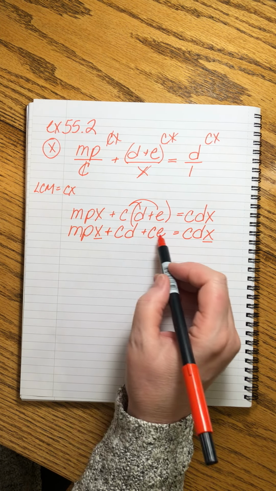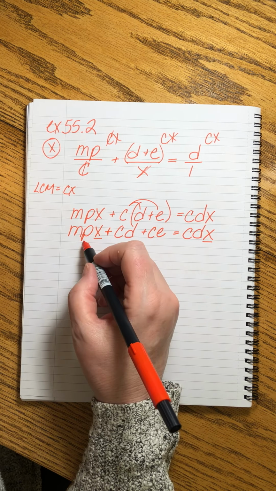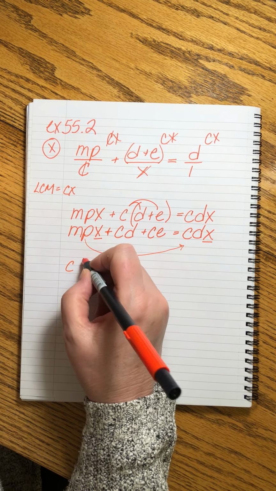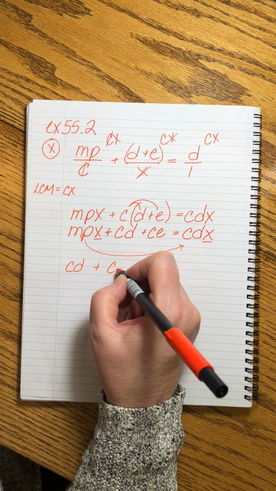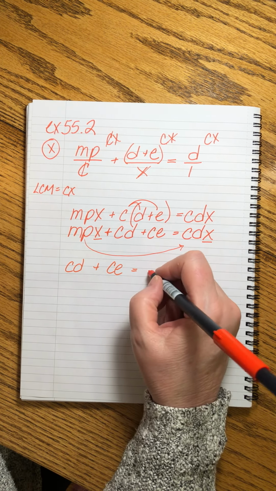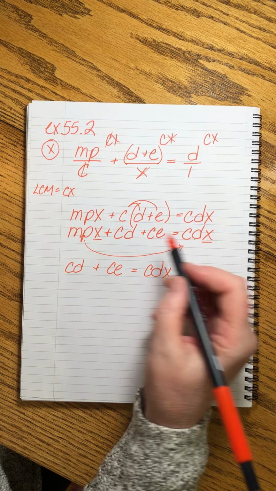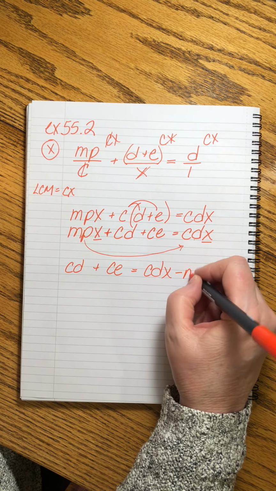We'll let these guys stay on the left because there are 2 of them. We'll just bring him over here. So I'll have CD plus CE equals, CDX is staying put, change sides, change signs, this will become a minus.